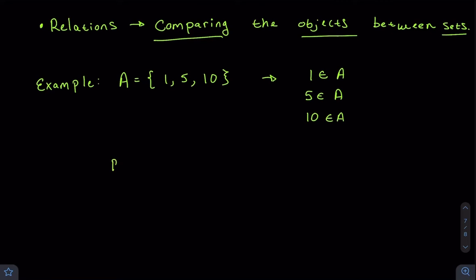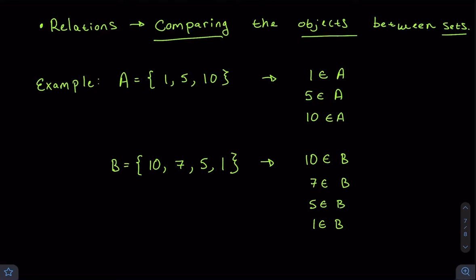And if I had a set B that had the objects 10, 7, 5, and 1, and I list out all the objects in set B, then we're in position to start comparing the objects between sets A and B.